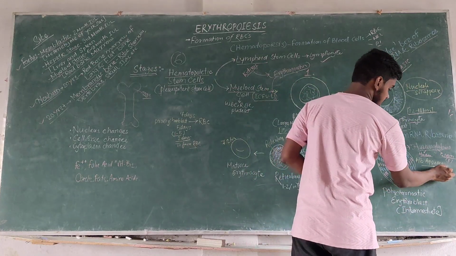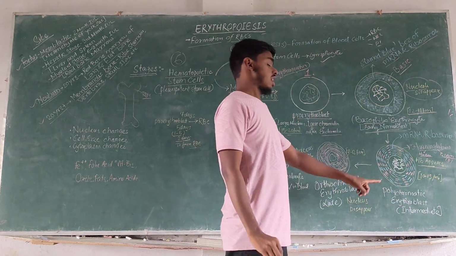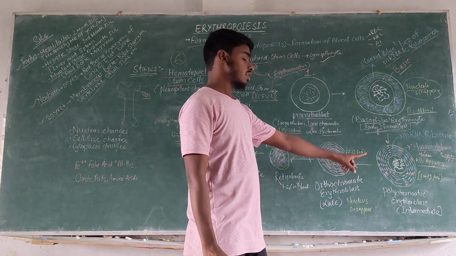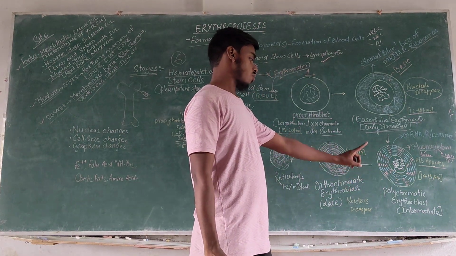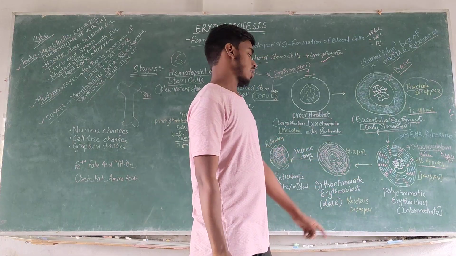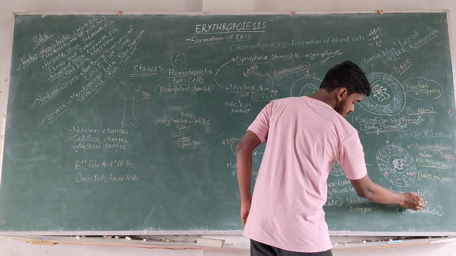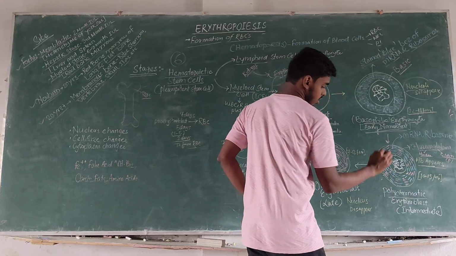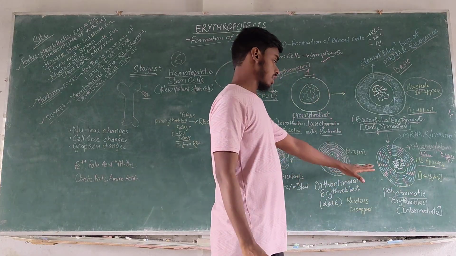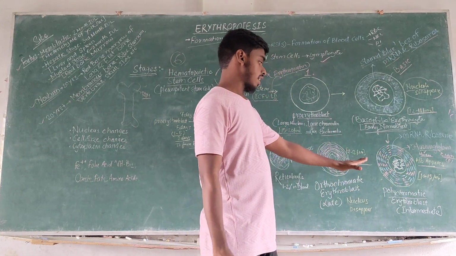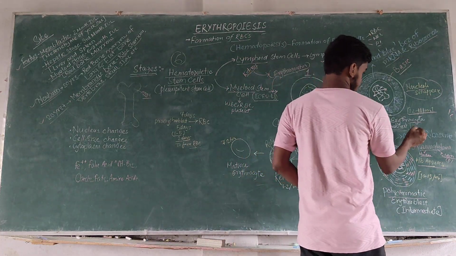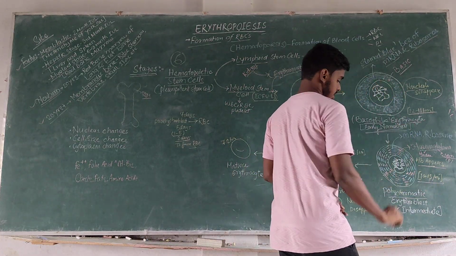So it is the first stage where hemoglobin appears. It is an important question: in which stage does hemoglobin appear? That is intermediate normoblast or polychromatic erythroblast. Why is it polychromatic? Because there are two colors, one is red and one is blue. And the nuclear size is generally getting smaller and smaller, and the cell size is reduced to 10 to 15 micrometer.